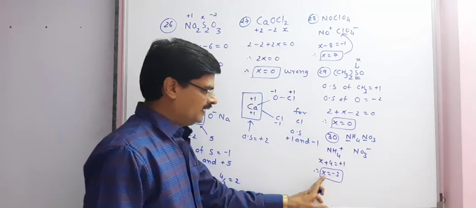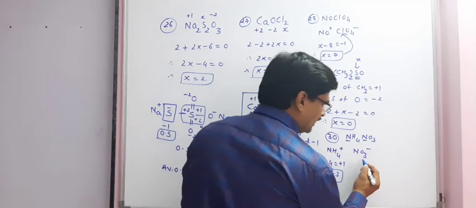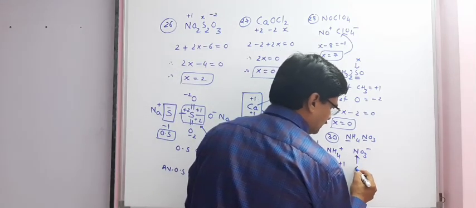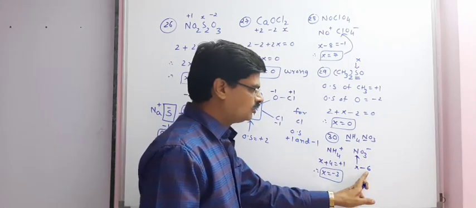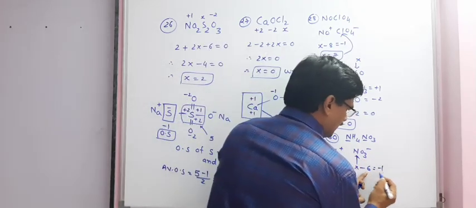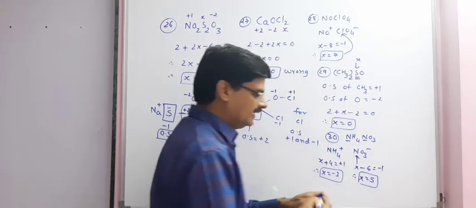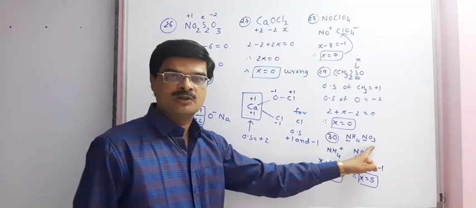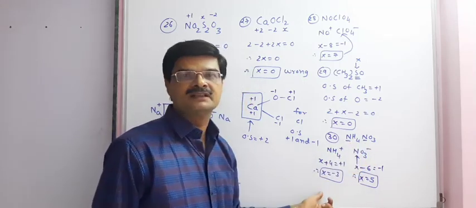In NH4 plus, the oxidation state of nitrogen is minus 3. And in the case of NO3 minus, say X for nitrogen, each oxygen has oxidation state minus 2, so 3 2s are 6. So it is minus 1. So X is equal to 5. We can see that the element nitrogen in the same compound has different oxidation states.